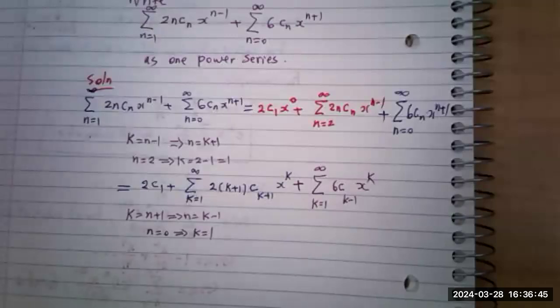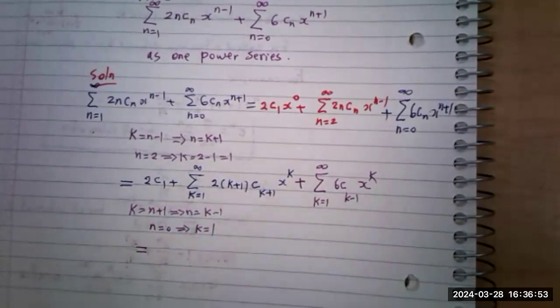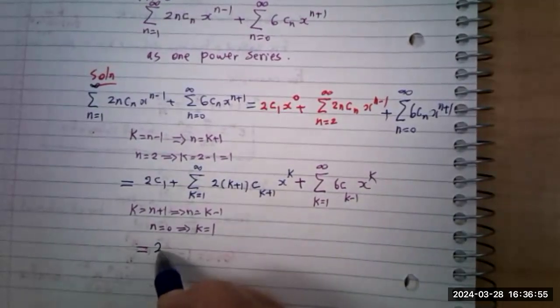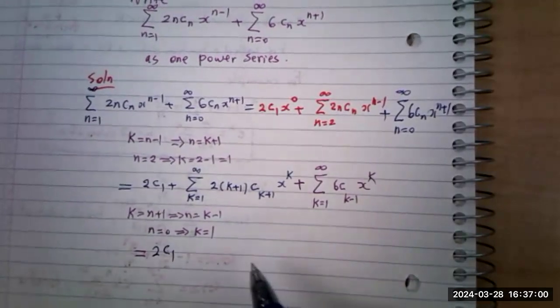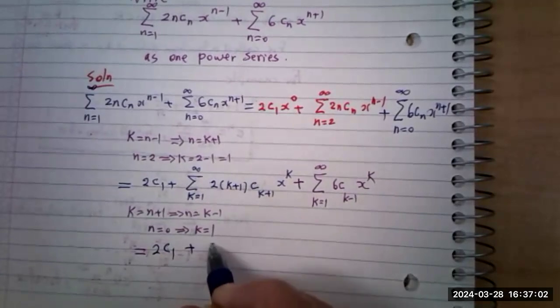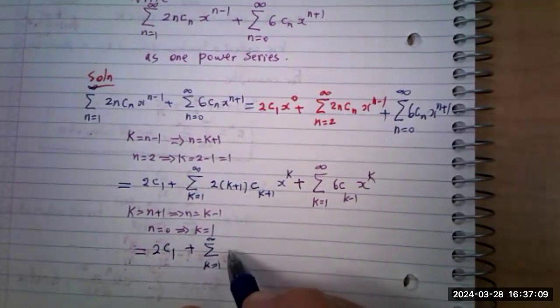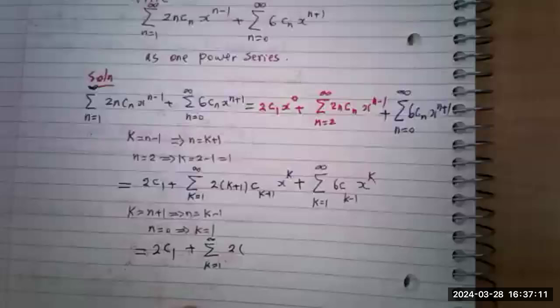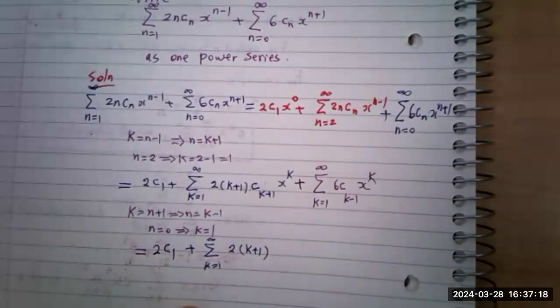Are you happy? Next, now it's ready. So this is going to be equal to what? Safely we can say, through C1, you can't do anything about this one. You have to keep it as is. Now you can put everything else together. Because the indexes are the same and the powers are the same, I'm going to factor these out.